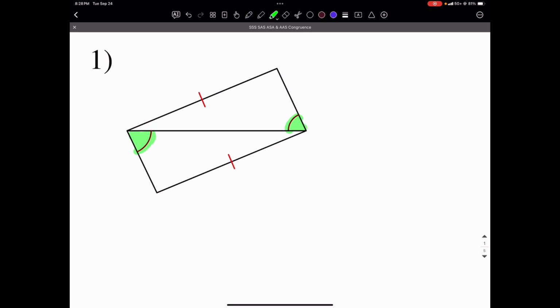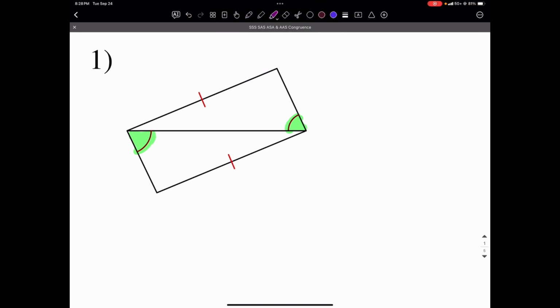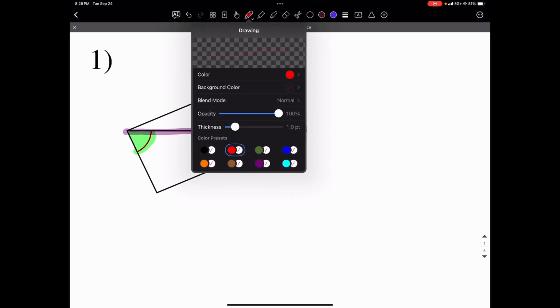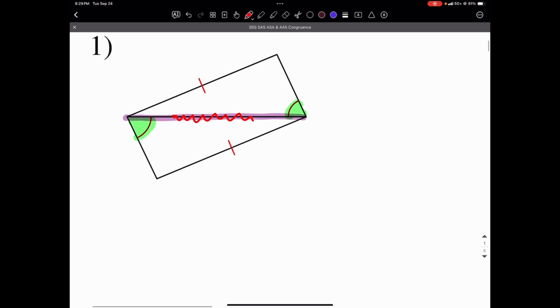And since this line in the middle is shared between both triangles, I can assume that this line is congruent to itself. Okay, so this is one of those rare occasions that I can say, okay, this line is definitely congruent to itself. So if you want, you can put 2 hash marks, right? Because that's going to mean that that line is congruent to itself.